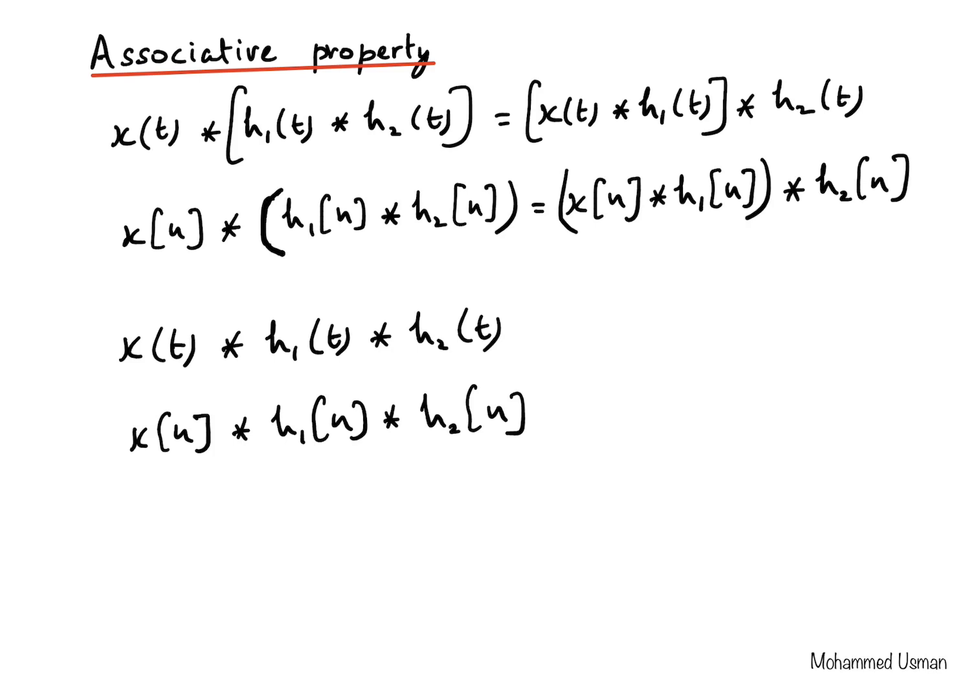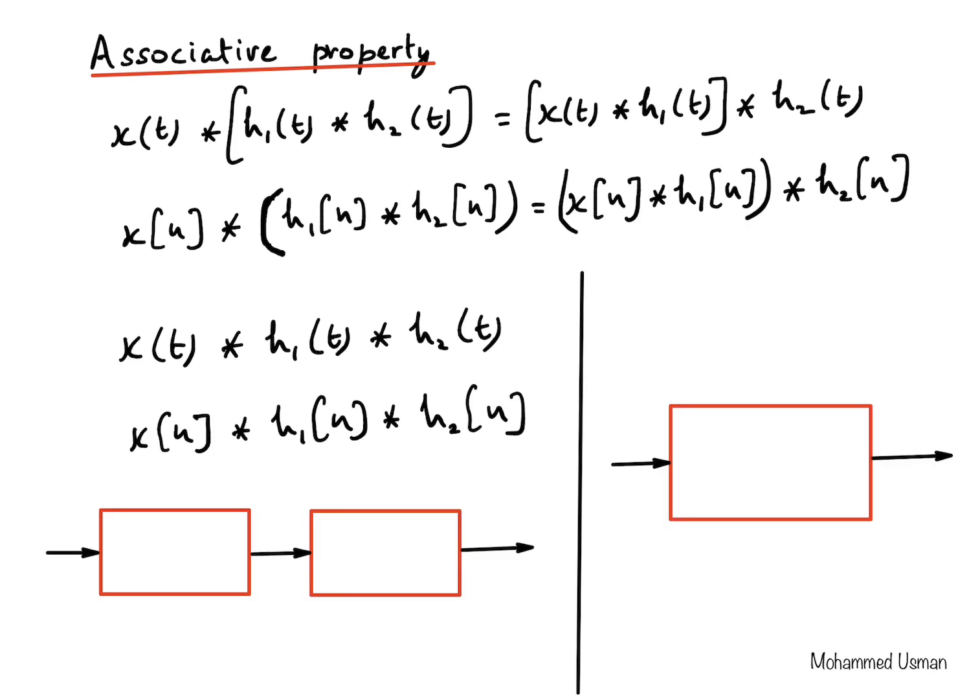So if we have two systems which are in series with each other, then we can interchange the order of the two systems. And secondly, we can combine these two systems using a single system where the impulse response of the single system is basically the convolution of the two individual impulse responses. Okay, so we will illustrate that with a diagram here.